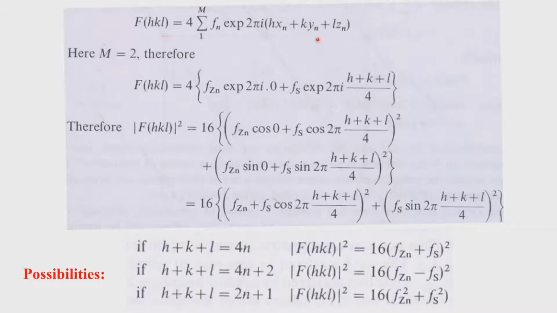So, one can calculate this expression, and we know that H plus K, K plus L, L plus H should be all even, then only we will get these reflections coming up. Among these reflections, because zinc is at 0 and sulfur at 1/4, 1/4, 1/4, that happens to be special positions in that space group, you will get additional absences, and they look as though they are systematic, but they are systematic only with respect to the atom positions. They are systematic of course therefore to the special positions in the unit cell.